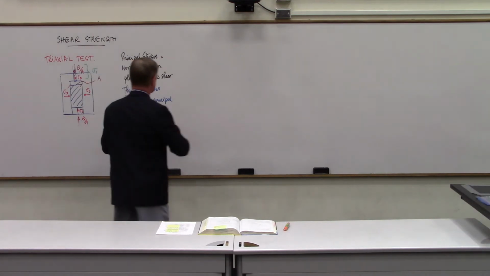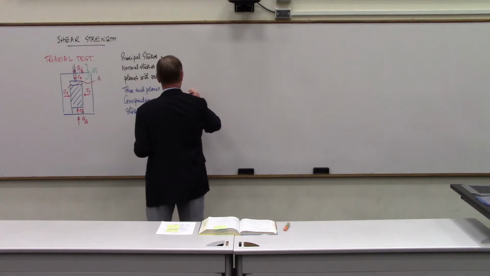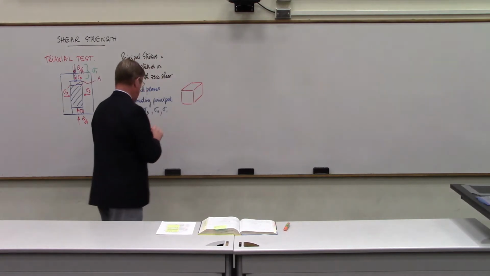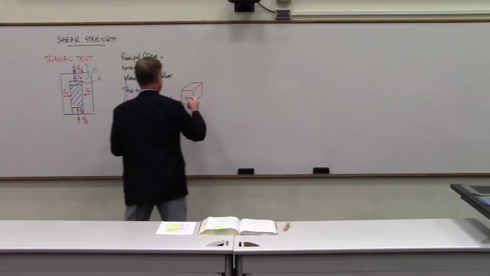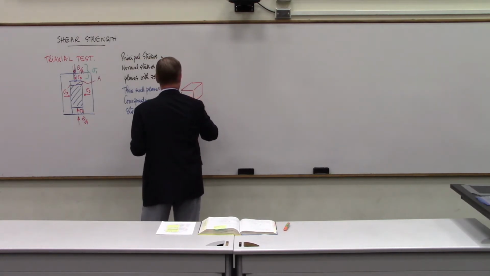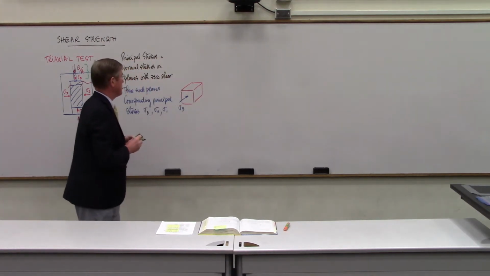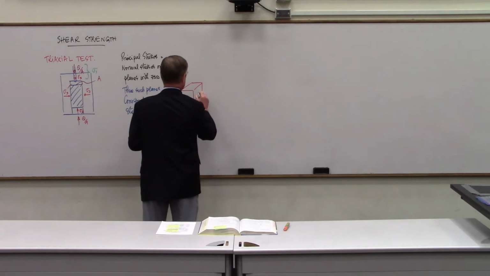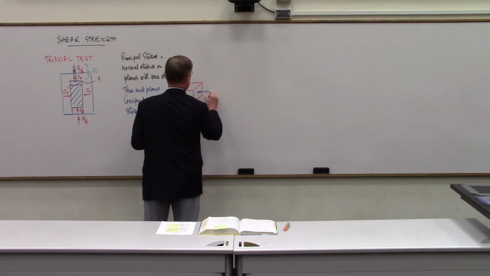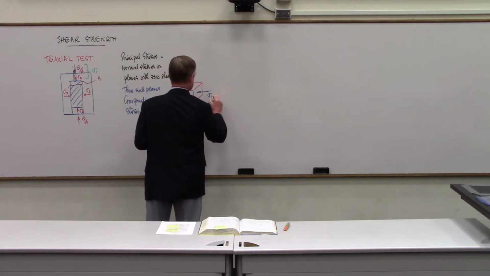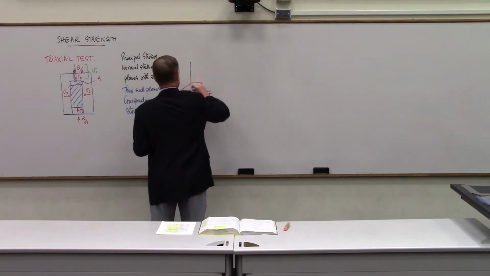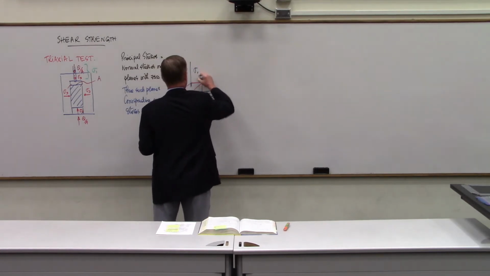And these stresses act on three perpendicular planes. So if you consider a cube like this, you would have the minor principal stress, that's the smallest one, sigma 3. You would have an intermediate principal stress, a little bit larger, sigma 2, and then you'd have the big one, sigma 1.